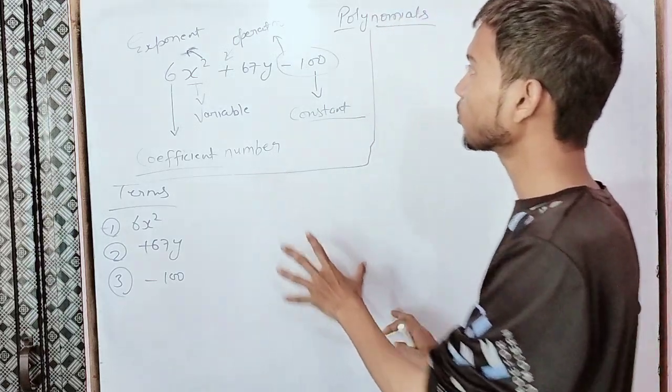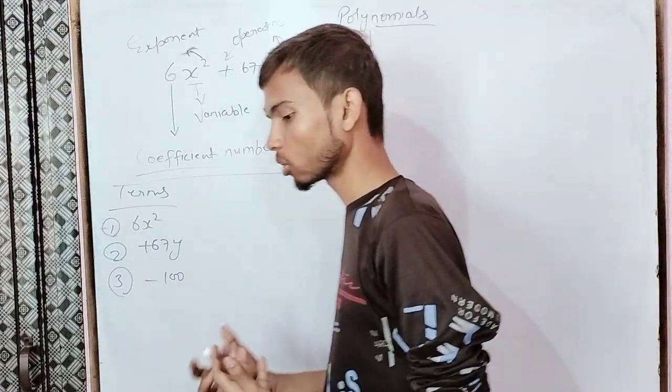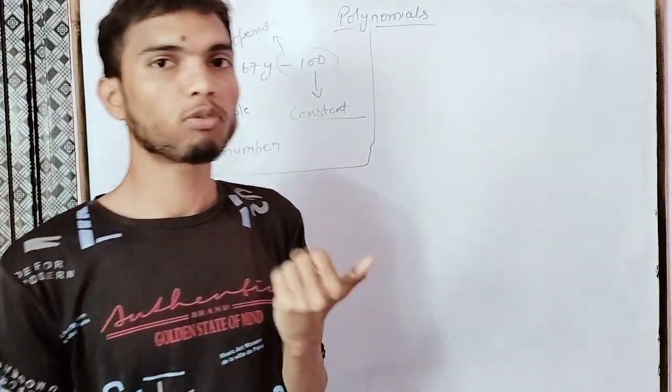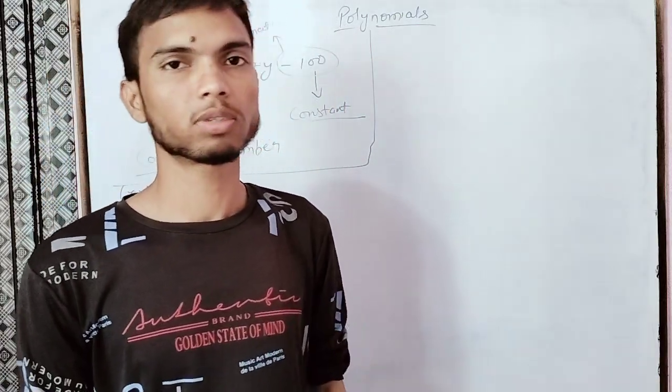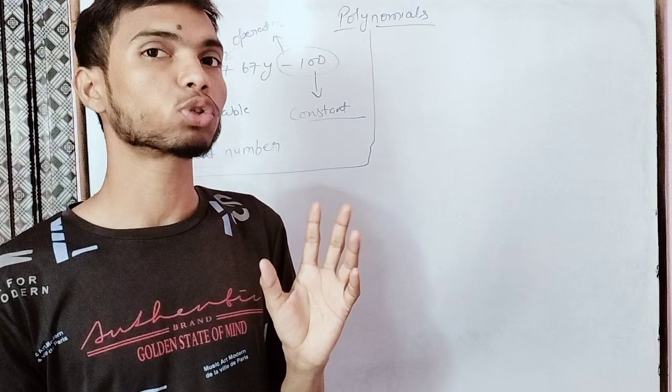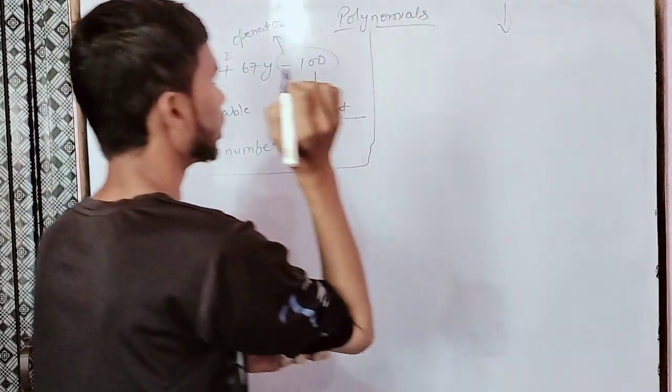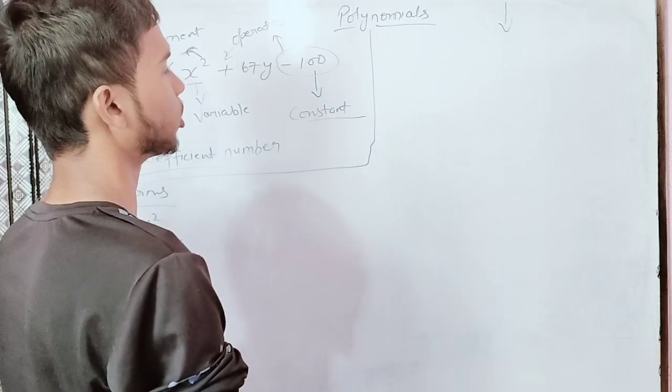We can understand from here some monomials. I would like to introduce types of polynomials based on terms, and types of polynomials based on degree.